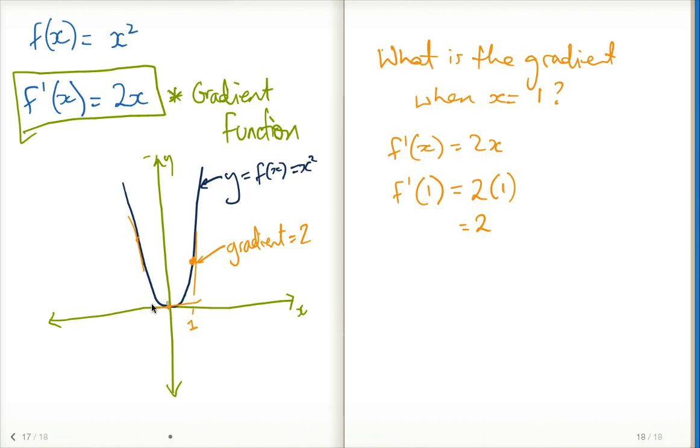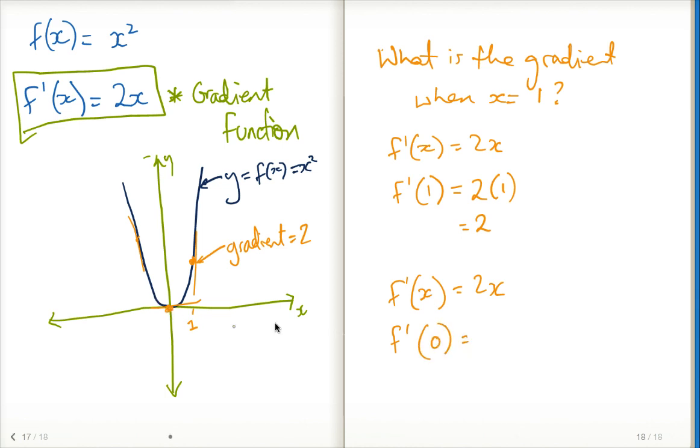Okay, what about down here? Well, I could predict from here what I think my gradient is. It's not steep positively, it's not steep negatively. What is my gradient here? Hopefully you have a bit of an idea, but let's work it out using the gradient function. Again, use my gradient function, f'(x) is equal to 2x. I want to find the gradient at f'(0). That's this point right here.